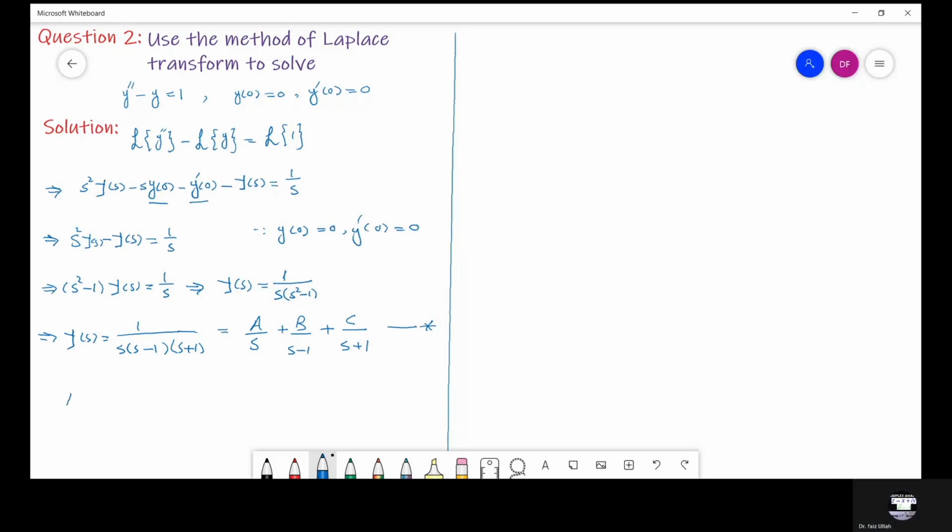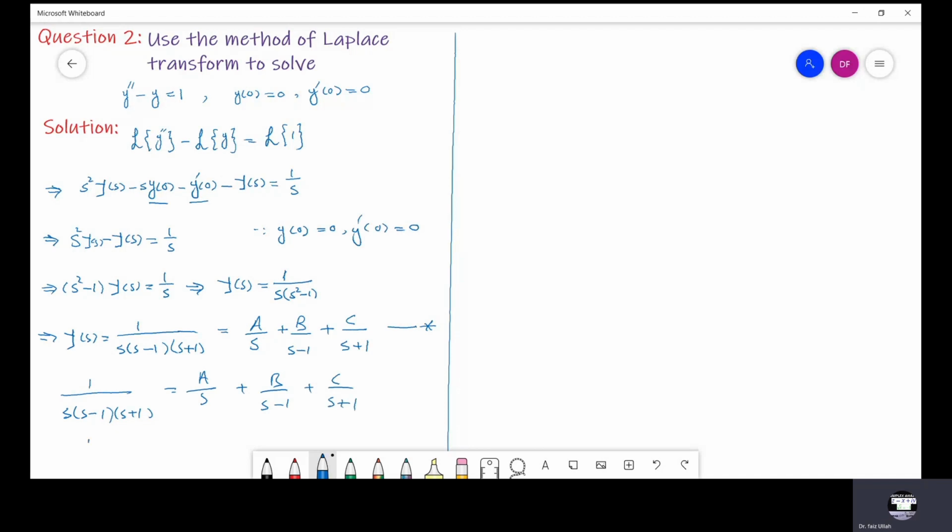We write 1 over s into s minus 1 into s plus 1 is equal to a over s plus b over s minus 1 plus c over s plus 1.